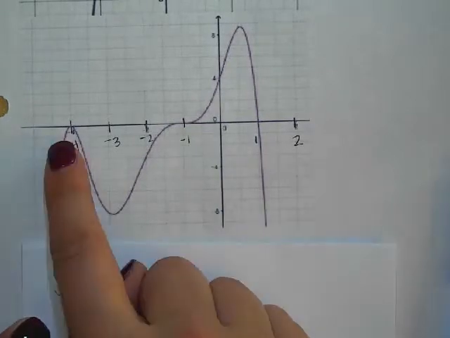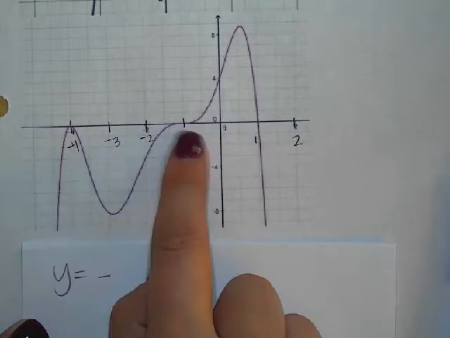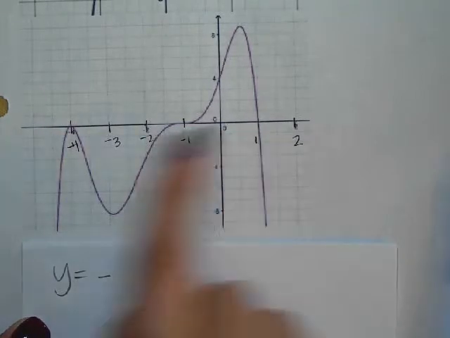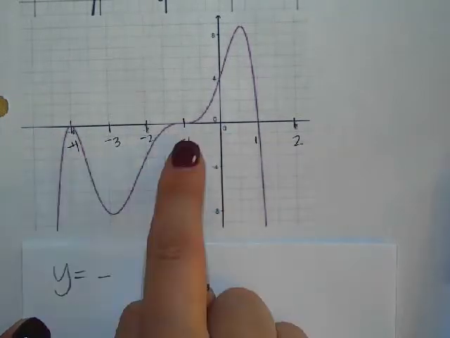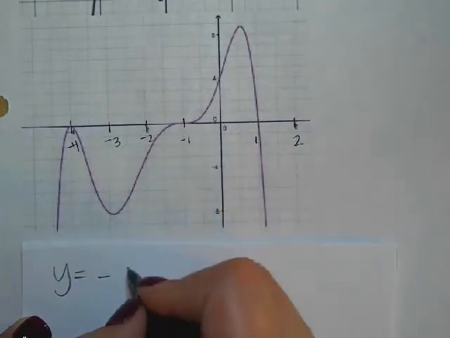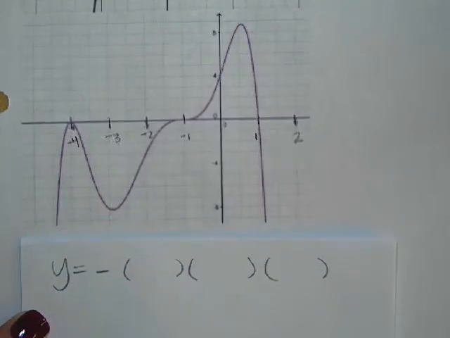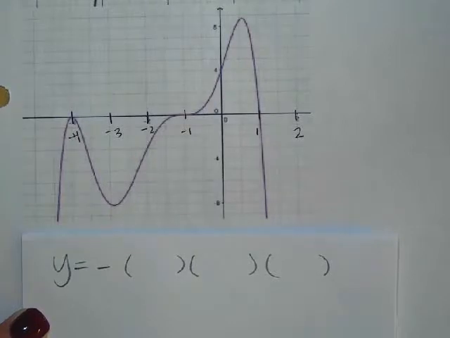So again, we're going to have 1 set of parentheses, 2 sets of parentheses, third set. So 3 sets of parentheses. We have a bounce, a squiggle, and a straight through. Anyone want to share what one of their sets of parentheses was?